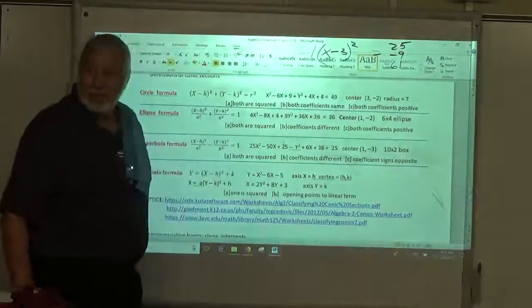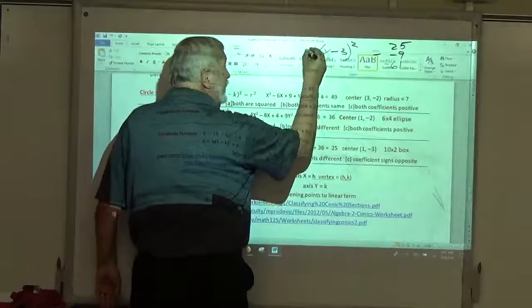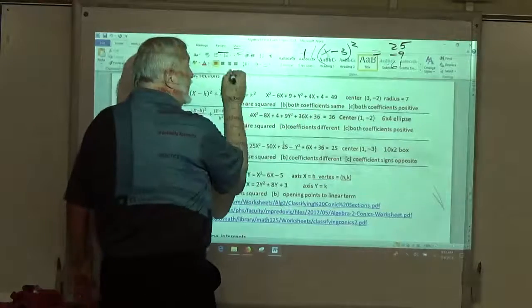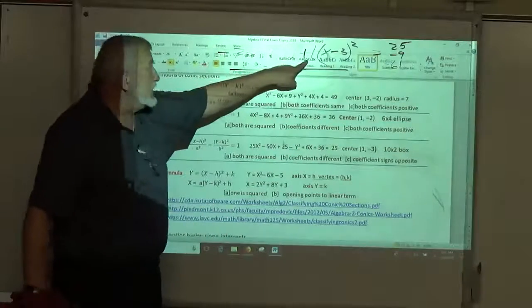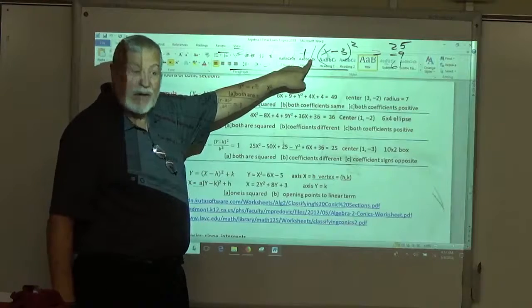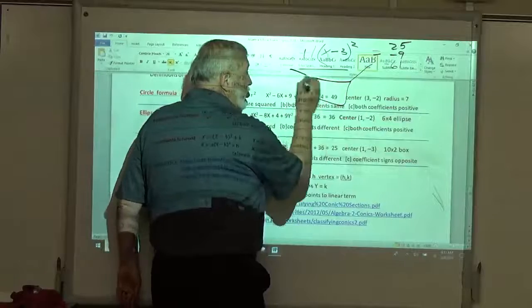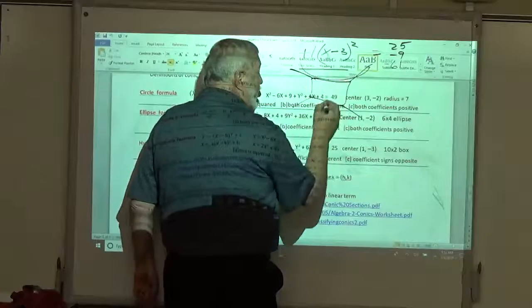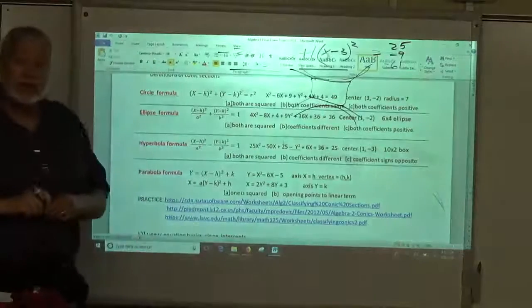This will become plus and this will become minus when I get my denominators. And so the plus side is where the hyperbola graph is. And so after you do your box, it's going to be top and bottom because you're dividing by a negative number.